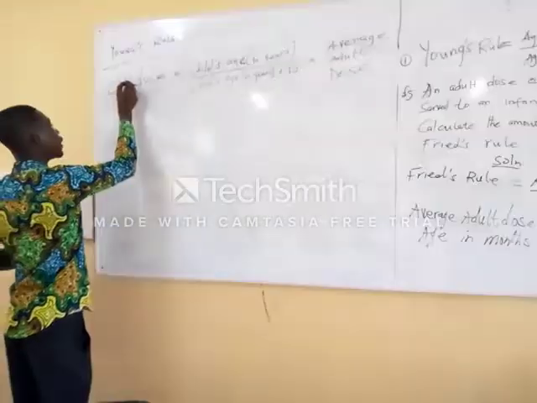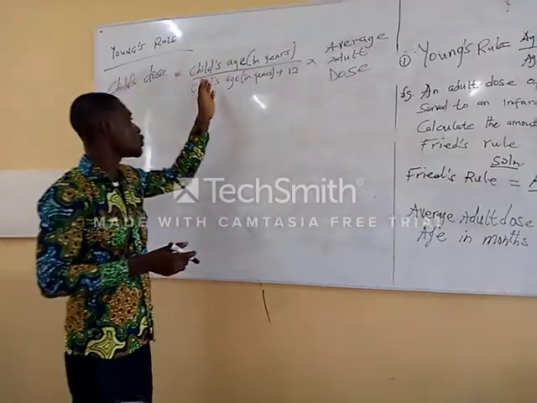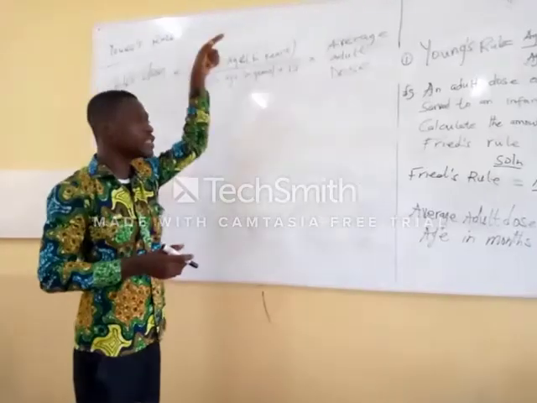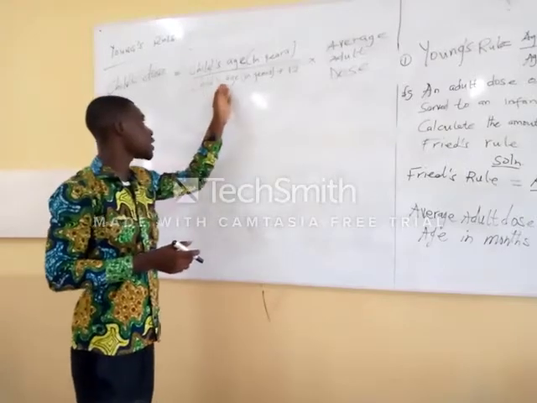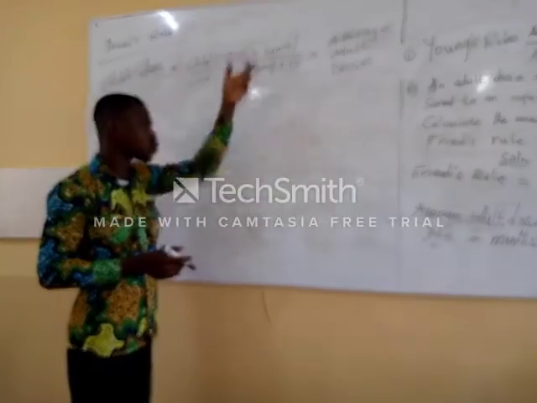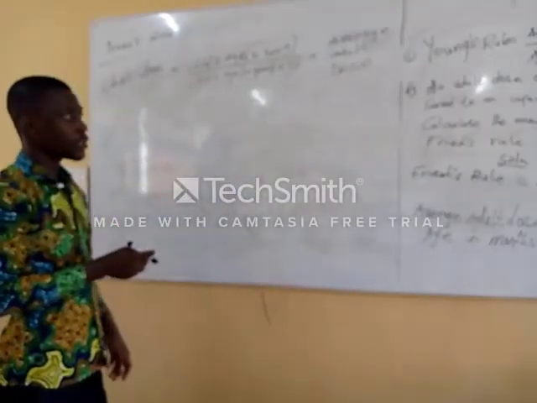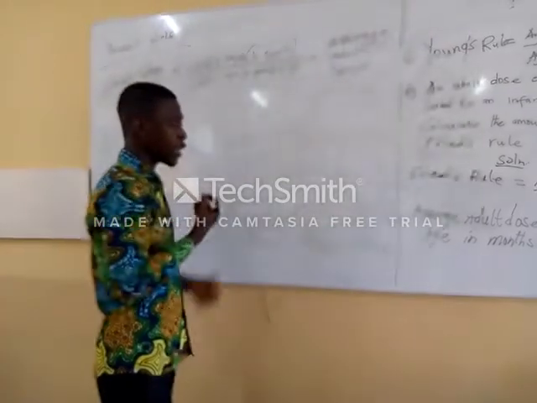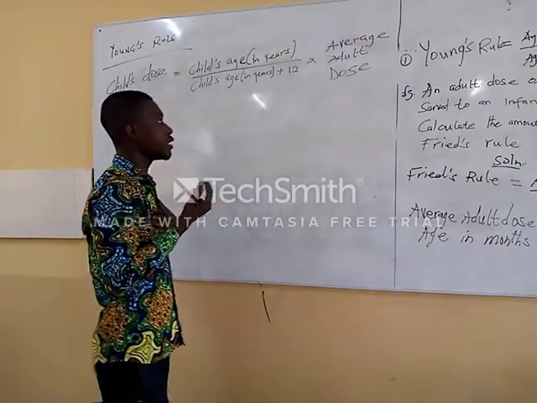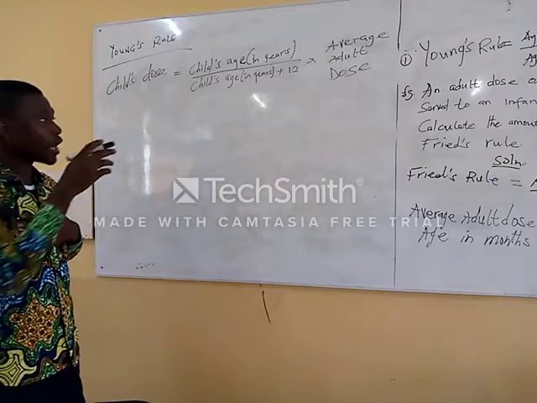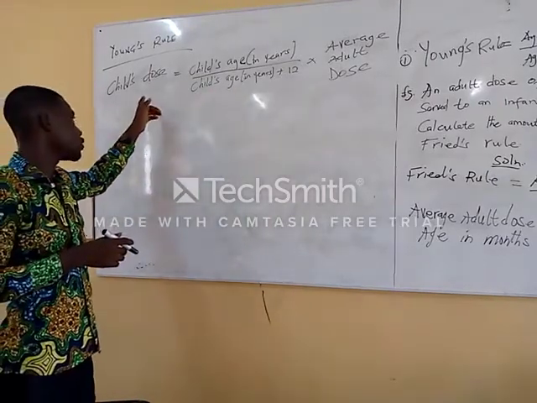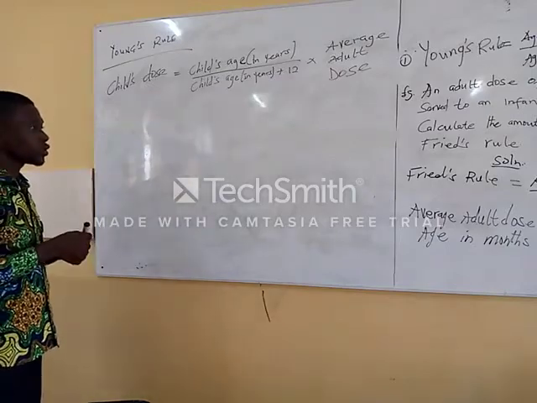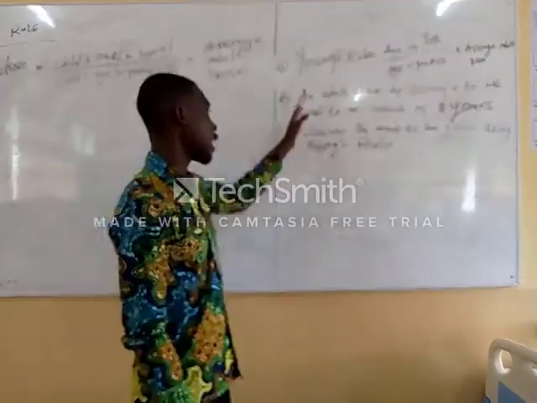The formula: child's dose is equal to child's age in years over child's age in years plus 12, times average adult dose, a dose that I can take. So it is from that dose that you are going to get the dose to be given to a child. Let's use this as an example.